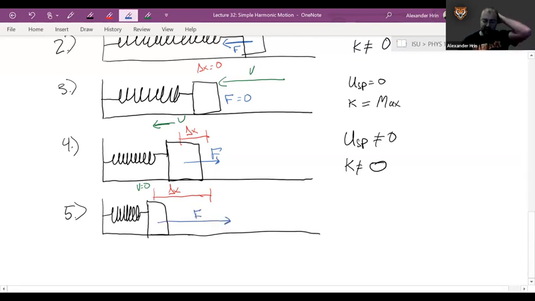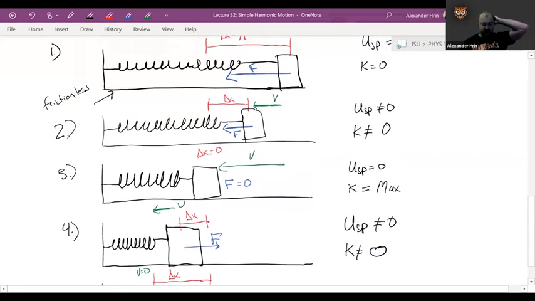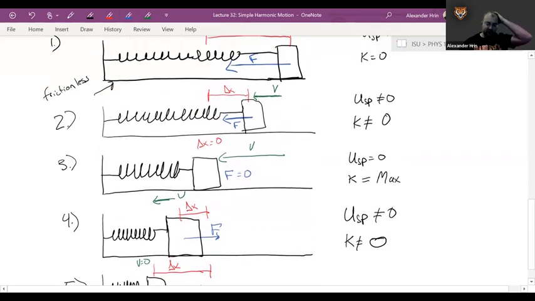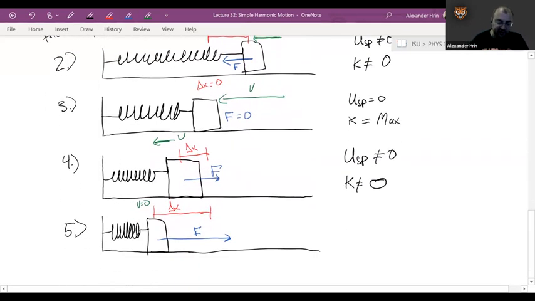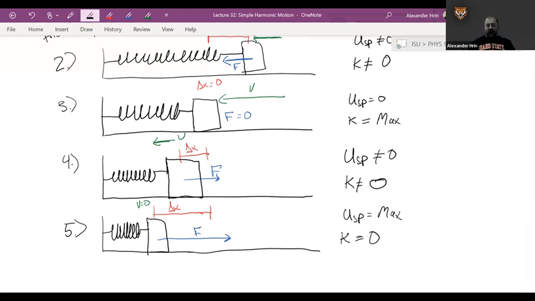So basically what we've seen is that we've gone from having a force in one direction to having a force in the other direction. We've gotten back to the point where U sub spring, the potential energy of the spring, is back up to a maximum, and our kinetic energy is equal to 0 again. Basically what simple harmonic motion means is that this is going to go back and forth. It's just going to keep doing this perpetually.